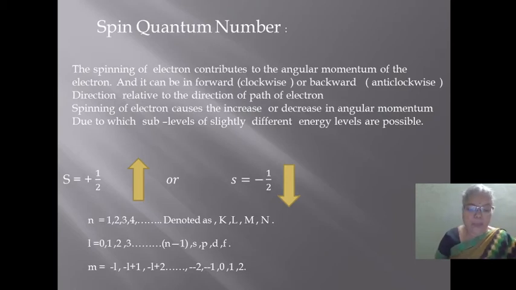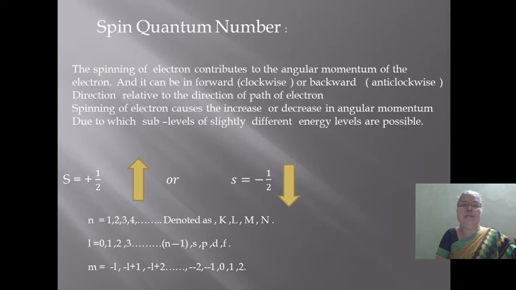Then in brief, the values of principal quantum number n restrict the values of azimuthal quantum number L, and the values of L restrict the values of magnetic quantum number M, and these three quantum numbers n, L and M are interrelated in their values, and these values are as follows. If n equal to 1, 2, 3, 4, etc., then these are the main energy levels.